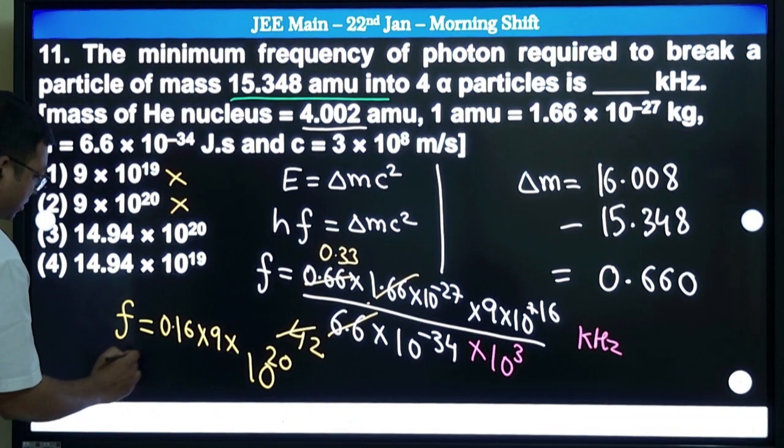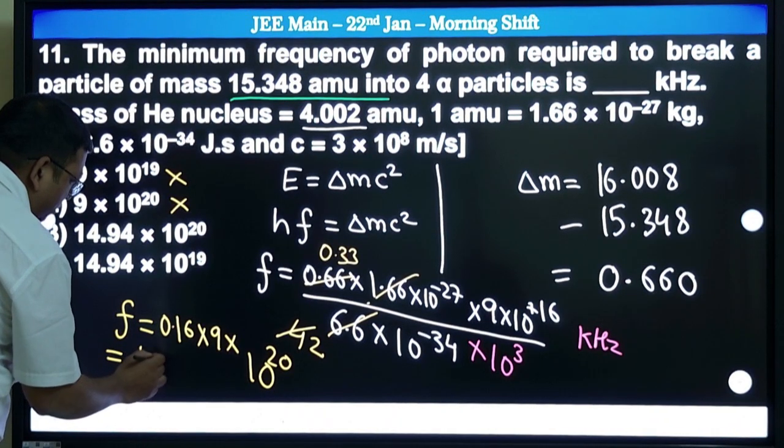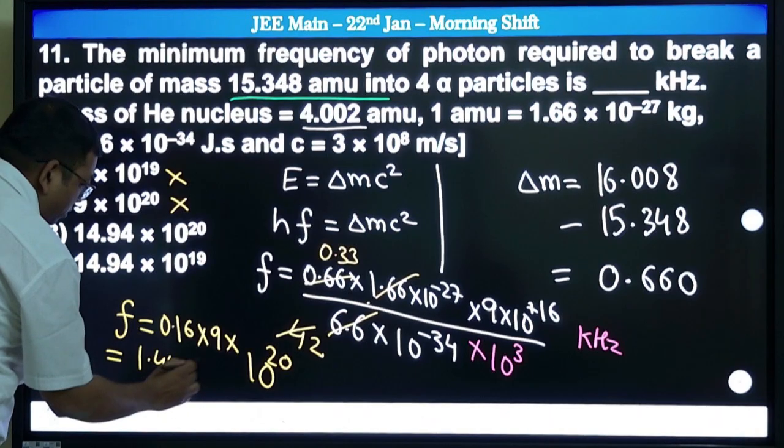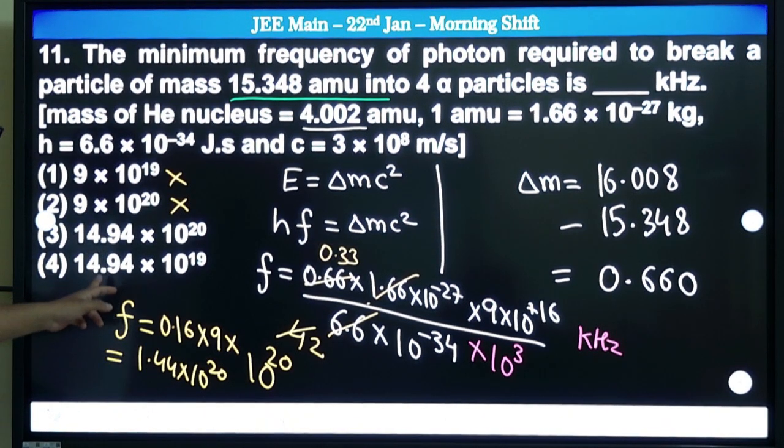And this will give us nearly 1.44. So 1.44 into 10 to the power 20 nearly will come, and we can see here 1.44 they have written.